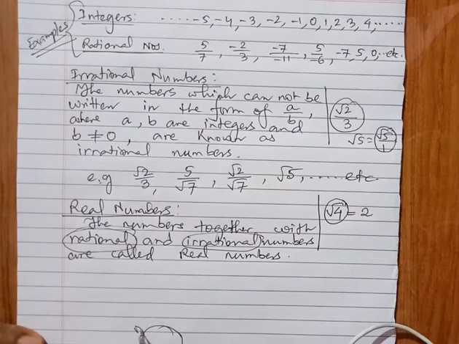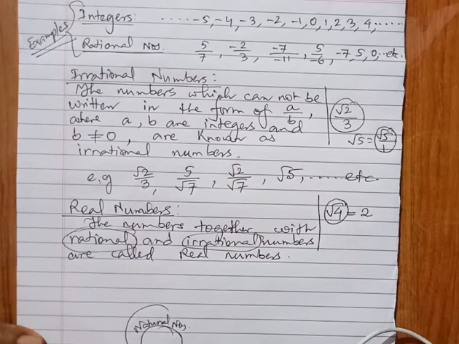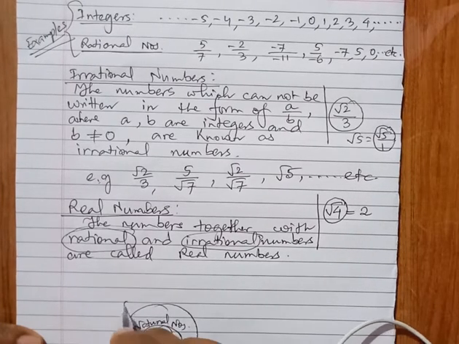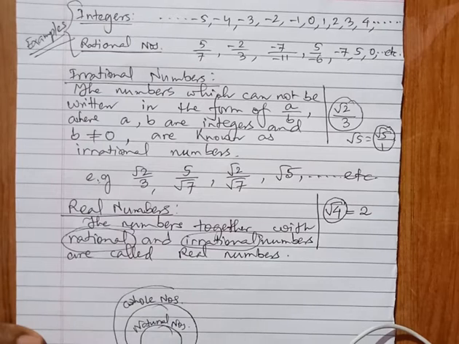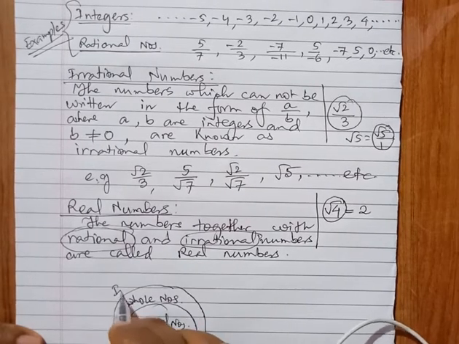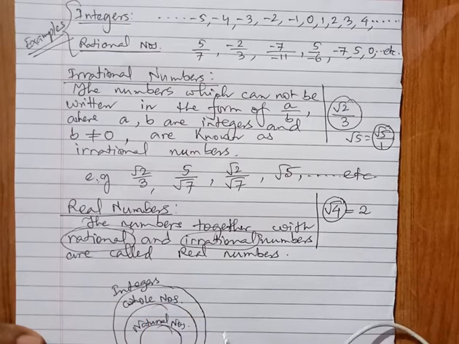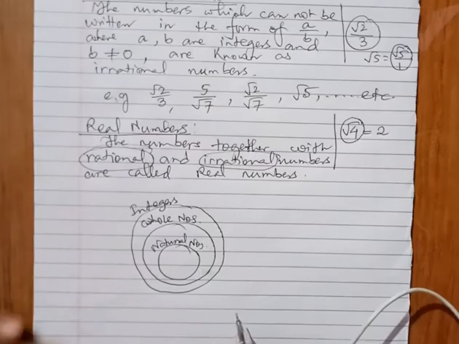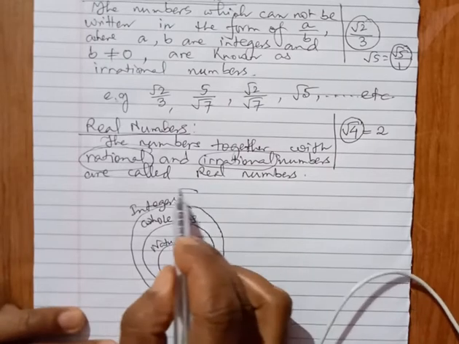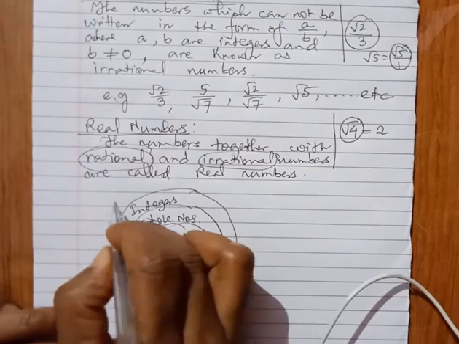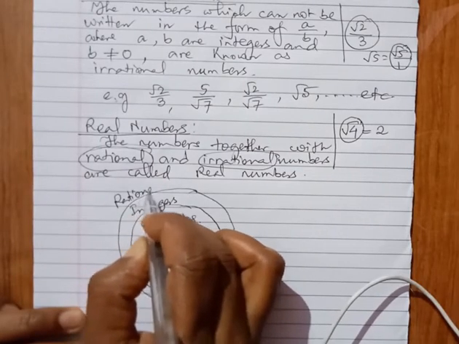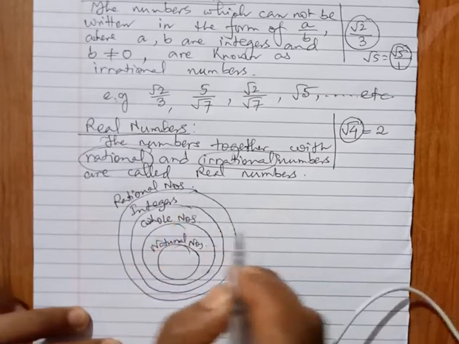This is your natural numbers. It is inside whole numbers. Whole numbers are inside integers, and integers are inside rational numbers.